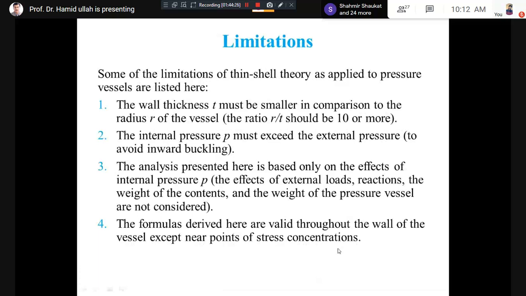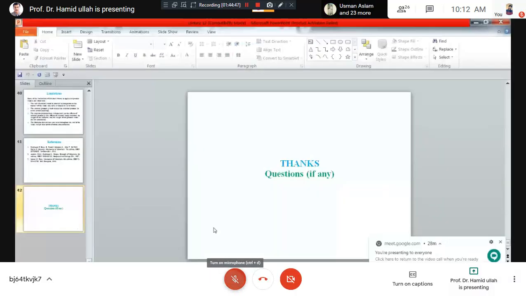Because the stress is more compared to the stress value which will be given by the derived formula. So these are the points. That's all from my side. If any questions, most welcome. Otherwise, you are free to go for other classes. Last point.